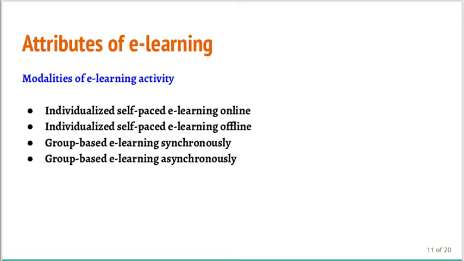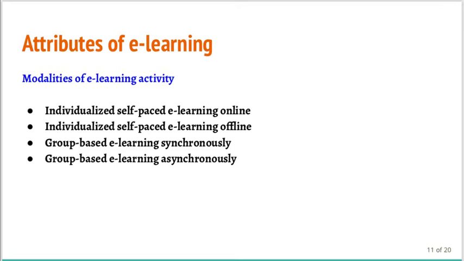Coming to the second modality, individualized self-paced e-learning offline refers to situations where an individual learner is using learning resources such as a database or a computer-assisted learning package offline, that is, while not connected to the internet or intranet. An example of this is a learner working alone from a CD or DVD.